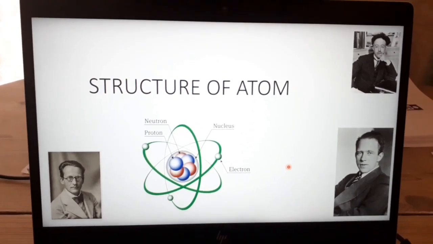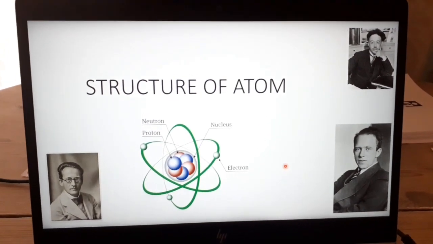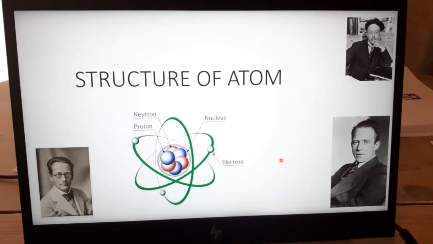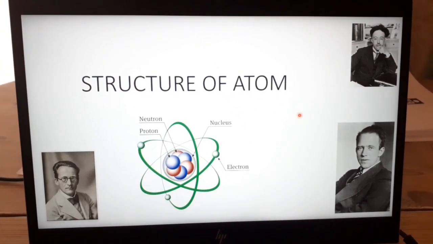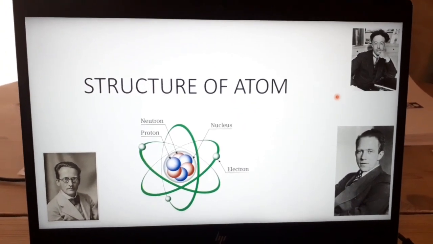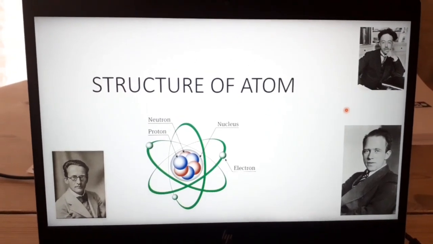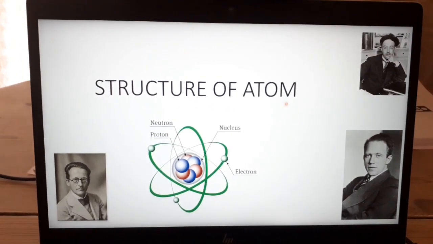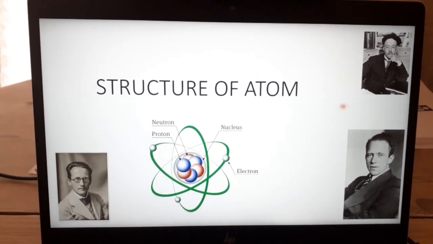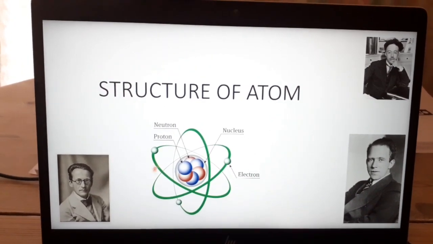Okay, all right. I hope now you can see the screen properly, and it gives an idea of the structure of the atom. I thought, why not put the names of the scientists who made a lot of discoveries in this field. You can see here at the top de Broglie, followed by Heisenberg and also Schrödinger.